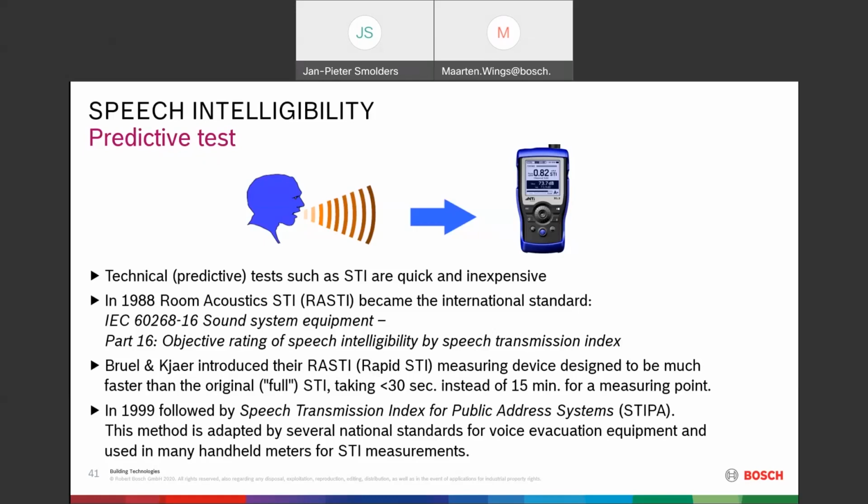And in 1999, the Speech Transmission Index for Public Address Systems, STIPA, was invented, and this is now becoming, let's say, more or less the national standard in the different countries for voice evacuation equipment. And you can measure this STIPA with a handheld device, for instance, like you see on the picture here above.